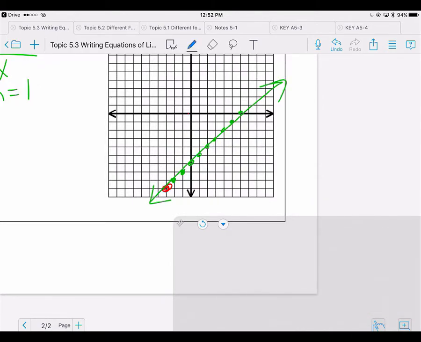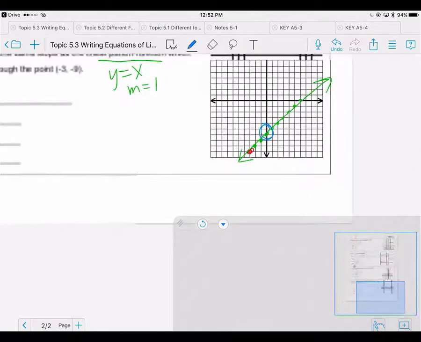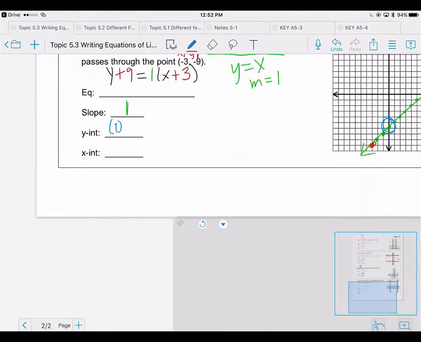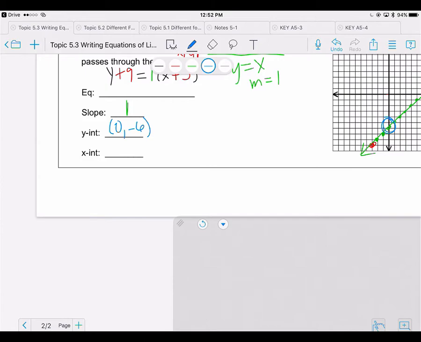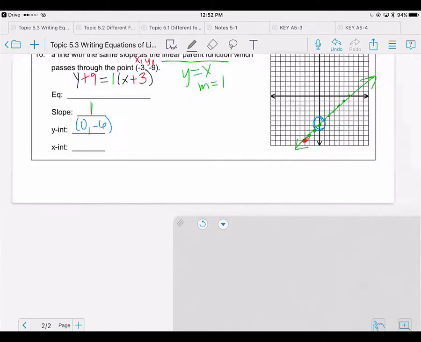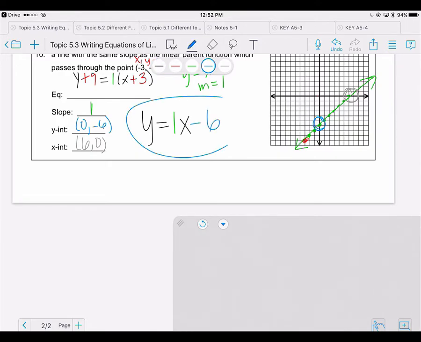And it crosses my y-axis at a -6. And it crosses my x-axis at a +6. So this would be the equation y equals 1x minus 6 in slope-intercept form.